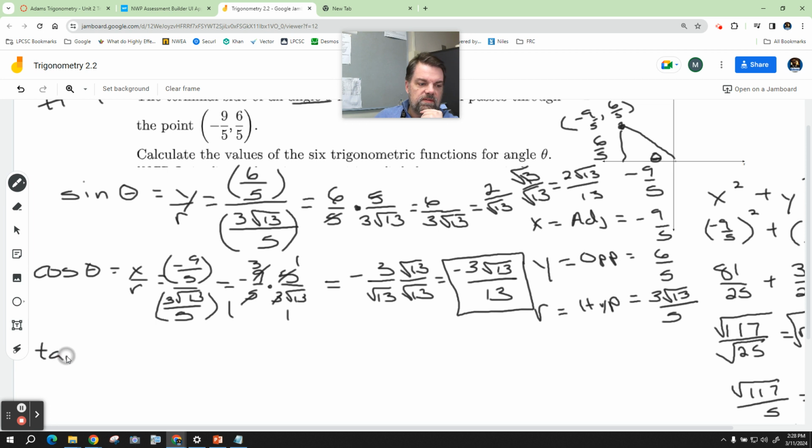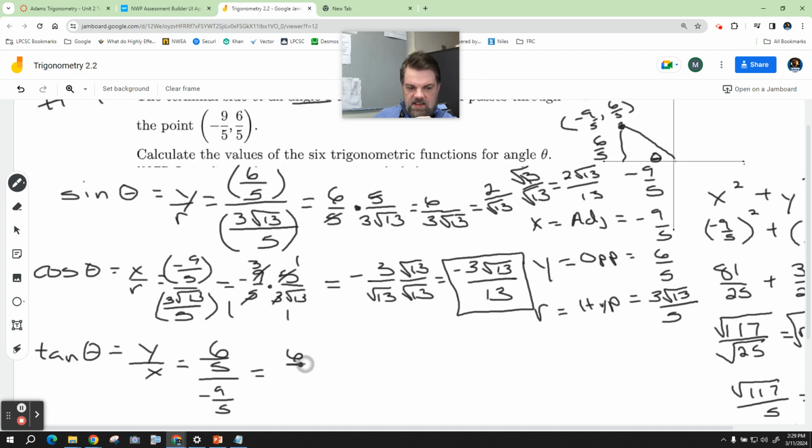Tangent of theta is going to equal y over x. So I'm going to get 6 over 5 over x, which is negative 9 over 5.